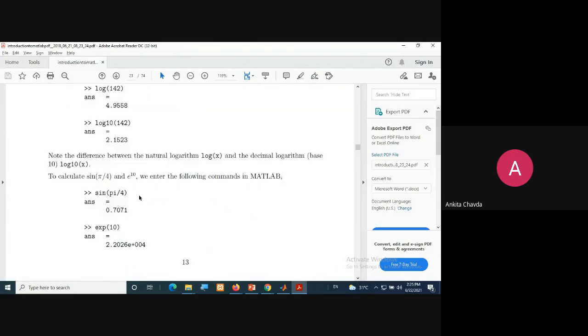Then here you have seen such a term, no? That sine of pi by 4. Then the cos of pi by 4 or pi by 8 or something like this. So here it is the same kind of thing, but instead of giving some value for pi, you can use directly the constant variable pi, right? So you can do sine pi by 4.